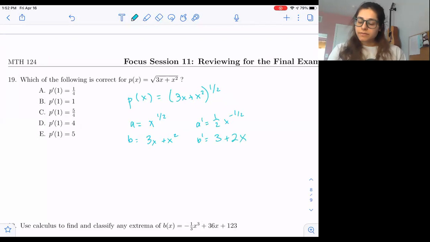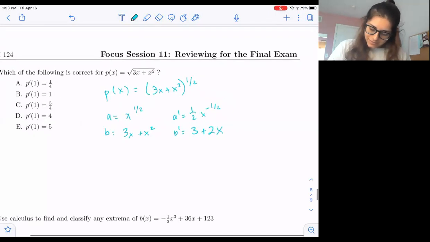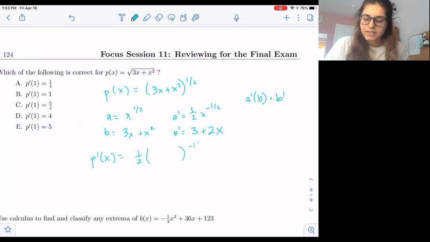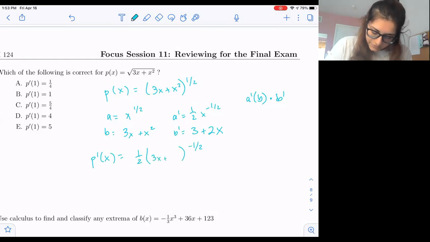All right, now I'm going to use the chain rule. So that is a prime of b times b prime. So a prime is 1/2 x to the power of negative 1/2. And inside that a prime, instead of x, we're going to put in b. So we'll have 3x plus x squared.